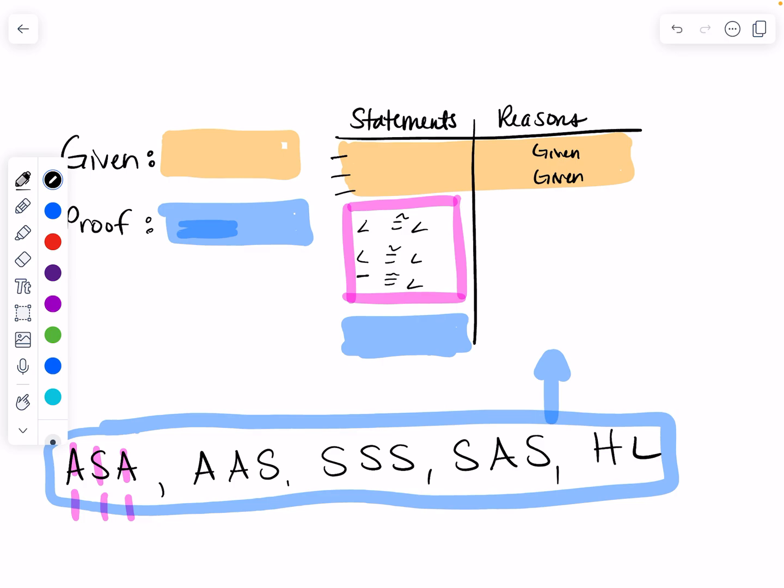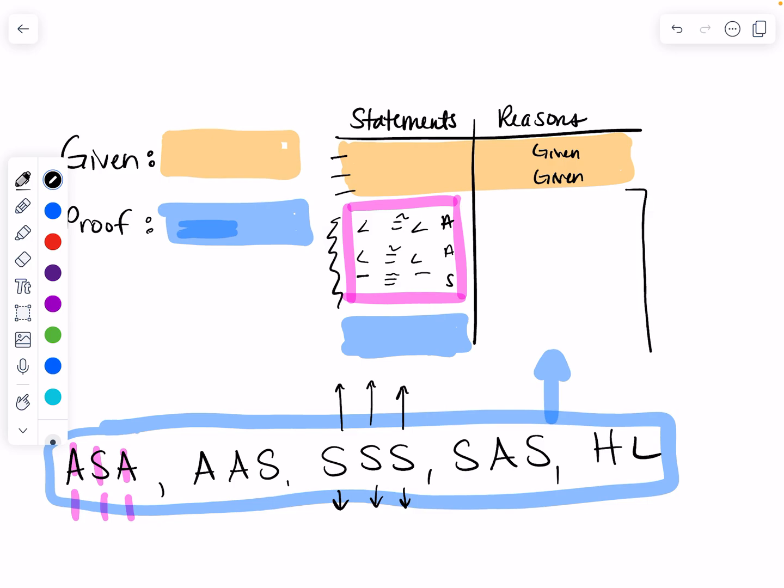The order doesn't exactly matter, but you should be able to say, I talked about an angle, an angle, and a side. The order really is dependent on the picture. The same thing goes for SSS: you should be able to say, I talked about 3 sides in the body of my paragraph.